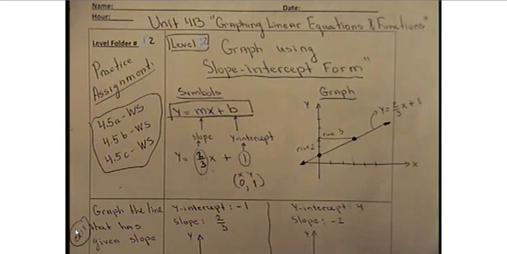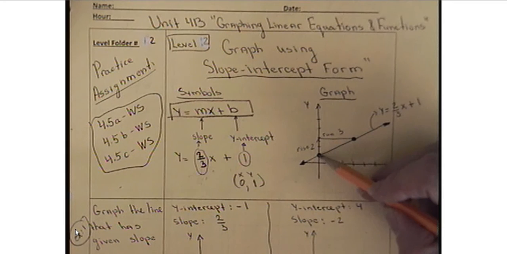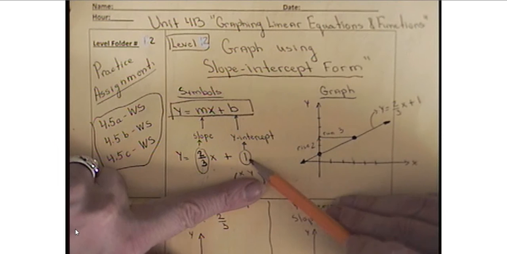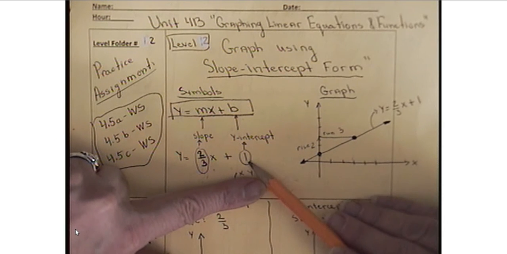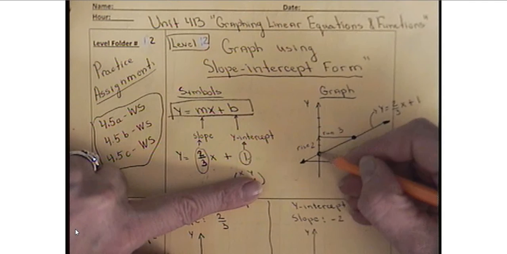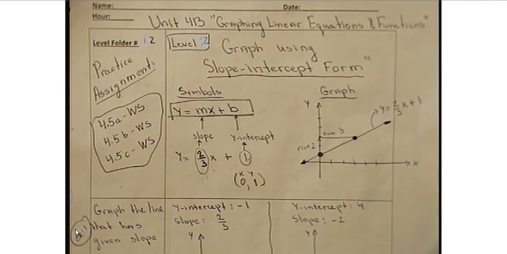So the first point that we begin our graph will be (0, 1) right here. In other words, you don't need to think about x at all. You just look at this number, y is 1, and we begin with this point. That's my first starting point.